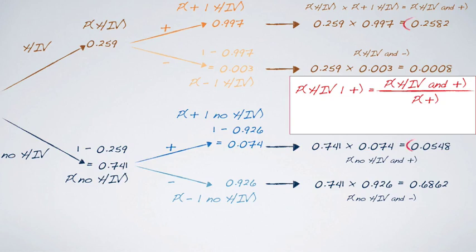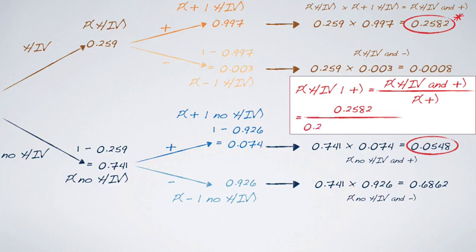We're only interested in those who test positive because that's what our given is. And among these, we're especially interested in those who actually have HIV. So, the probability of HIV and positive is 0.2582, that's the numerator, the joint probability, and the denominator is comprised of two segments of the population who test positive.